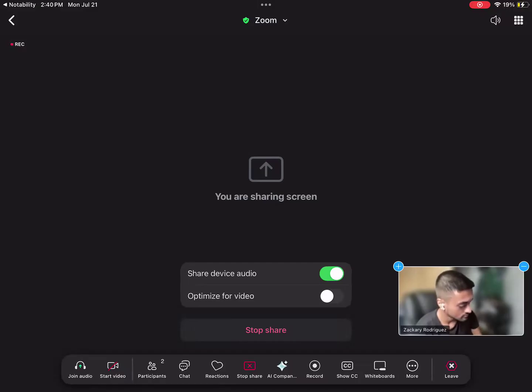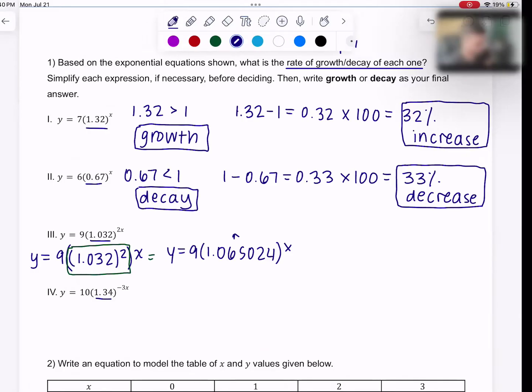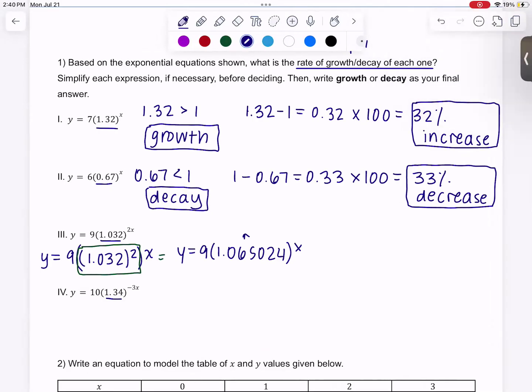Well, there I am. Huge. Great. Slide that over. So it's growth. How much did it grow by? Well, we do 1 minus 1.065024.